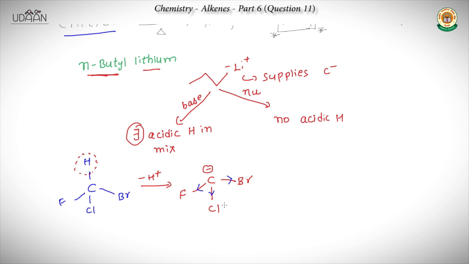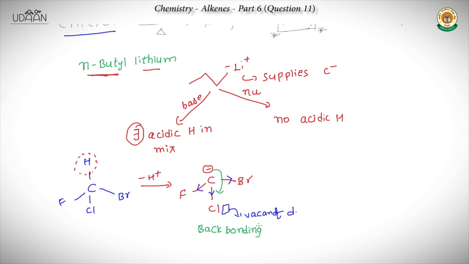Also note that chlorine has a vacant d orbital. So this carbanion can donate its lone pair of electrons to chlorine, and there is a possibility for back bonding.